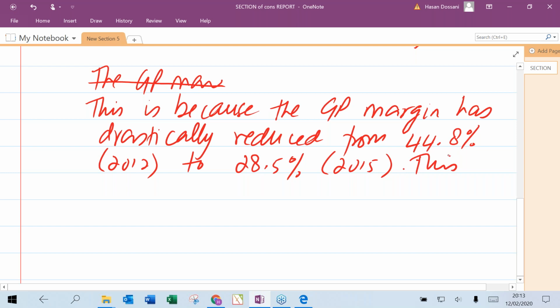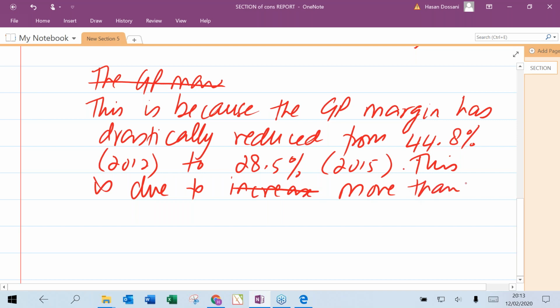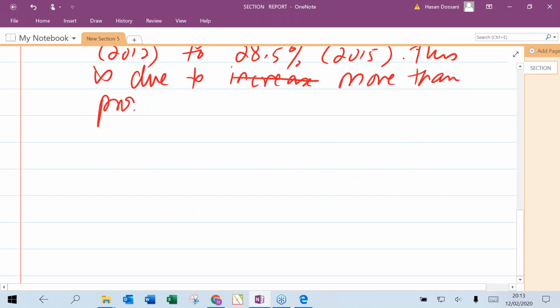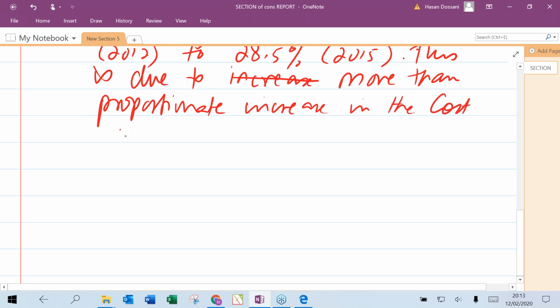So we can just say this is due to a more than proportionate increase in the cost of sales, and then you can give one reason if you can find it from the case.